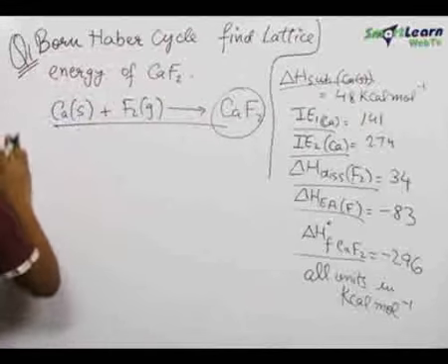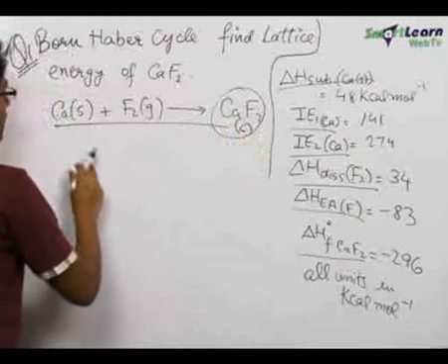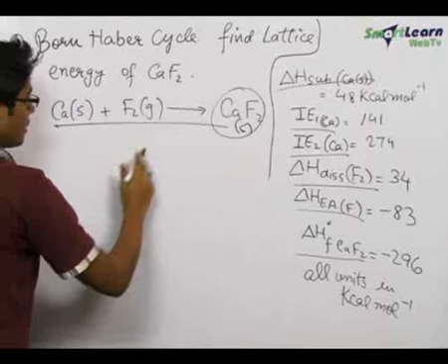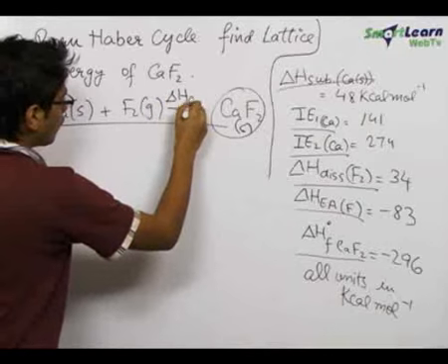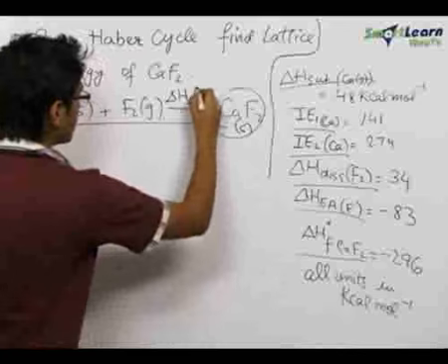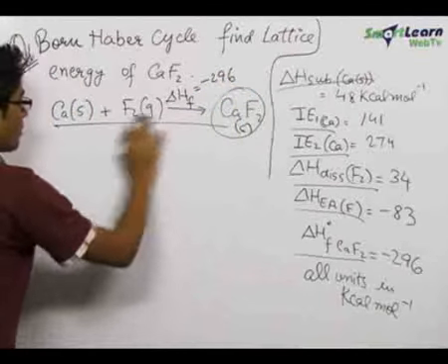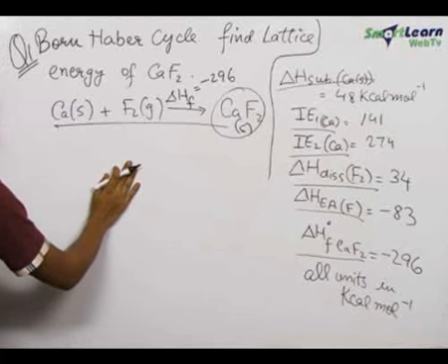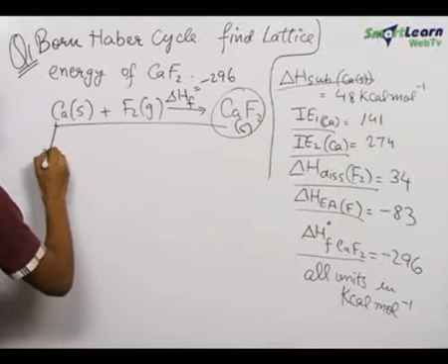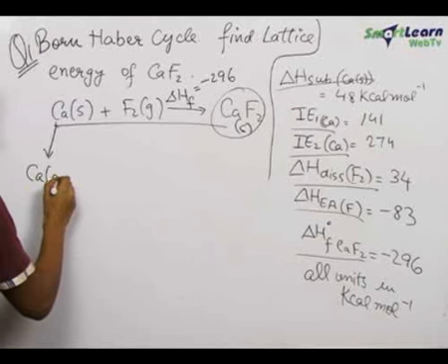Now in the Born-Haber cycle, calcium fluoride solid is being prepared from calcium solid plus fluorine gas. This is the delta H, or the heat of formation of calcium fluoride, which is given to us as minus 296. Now this Born-Haber cycle consists of a large number of steps. The first step is to convert this calcium solid into calcium gas.